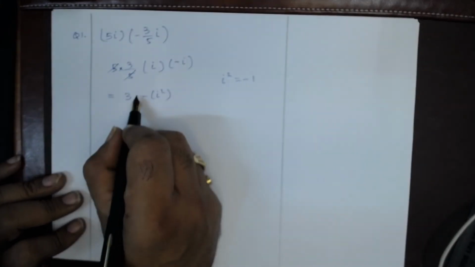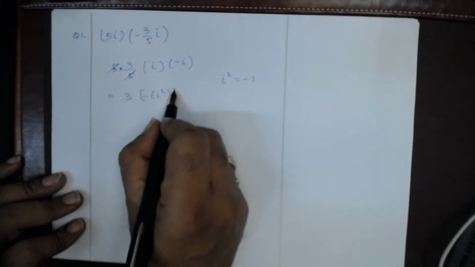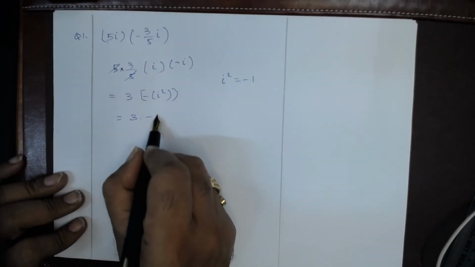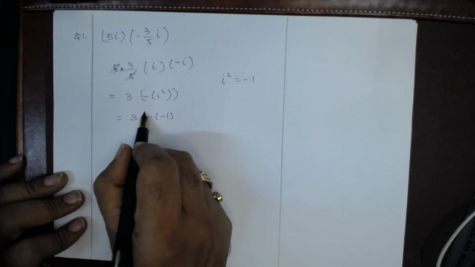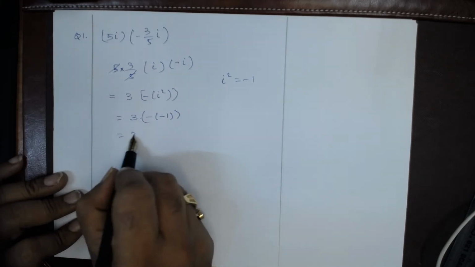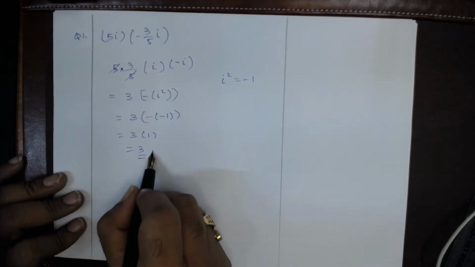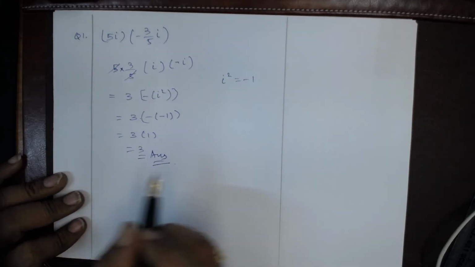Therefore this one is 3 into minus of minus 1. Therefore 3 into plus 1, that is 3 is the answer. Okay.